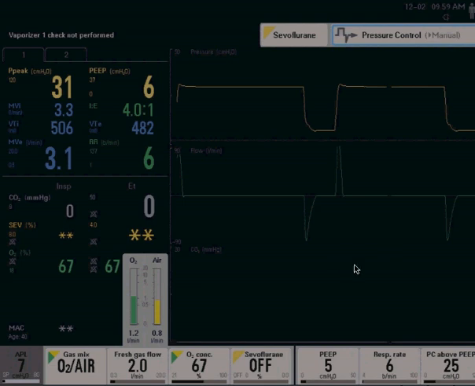One is to titrate a T low to generate target volumes of 4 to 6 cc's per kilogram of ideal body weight, and we can manipulate our PEEP to do that. And the third way to do it is setting a T low to 4 time constants so that you have total exhalation.